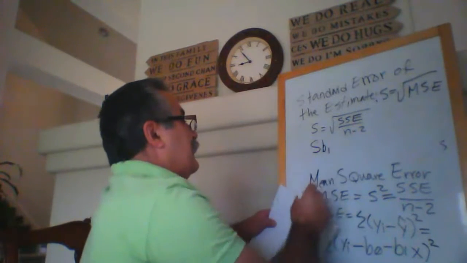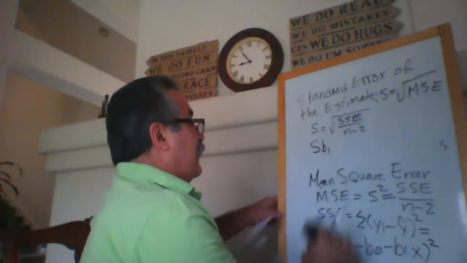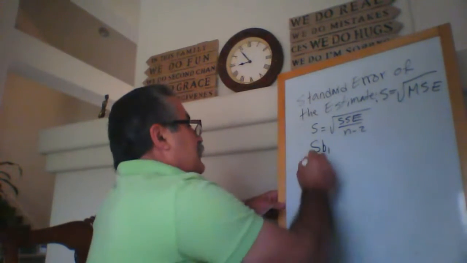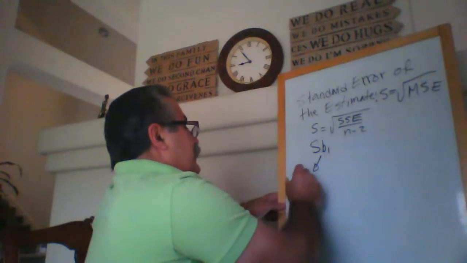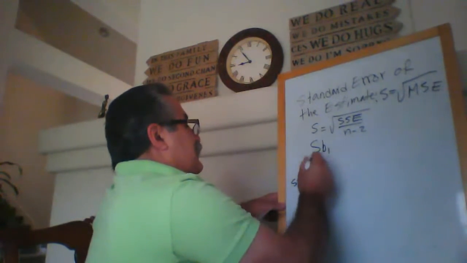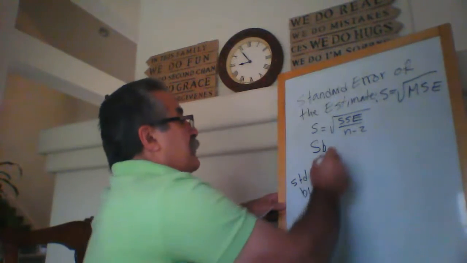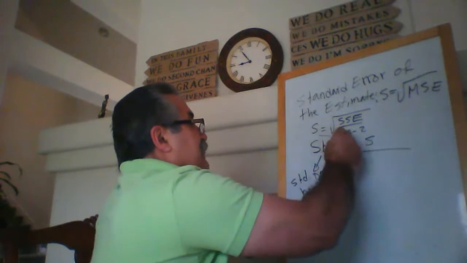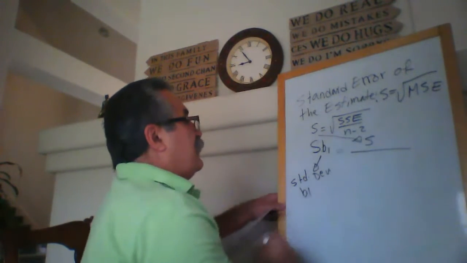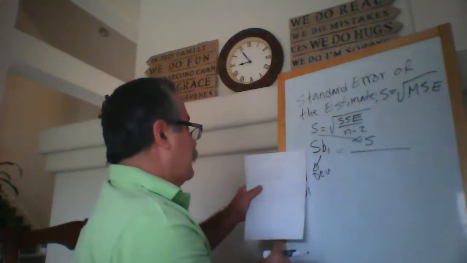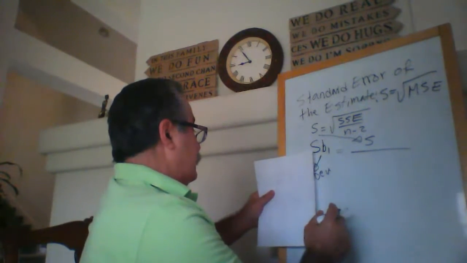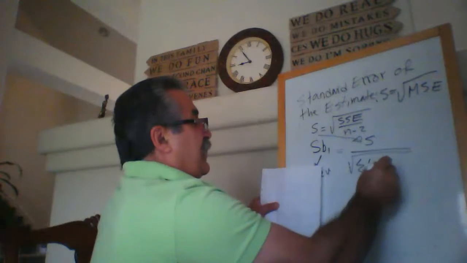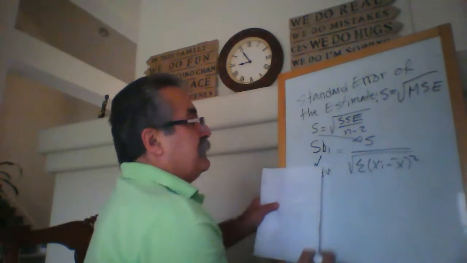SB1, in this case, SB1 is the standard deviation of B1, which is equal to S, this S right there, divided by the square root of sigma of xi minus x bar square.